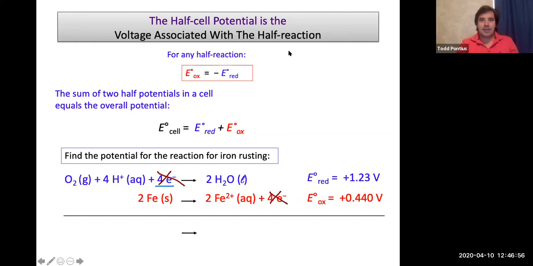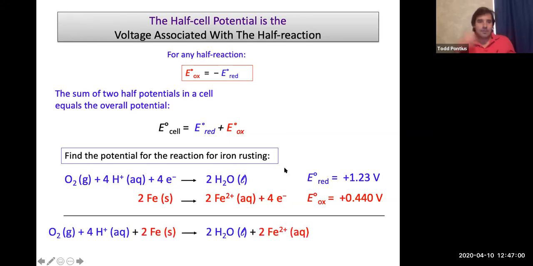And we end up getting this overall reaction, which is oxygen plus iron, especially in the presence of H+, yields water. And we can see here that our iron has gone from solid to aqueous. So this actually dissolves, it literally dissolves our iron.